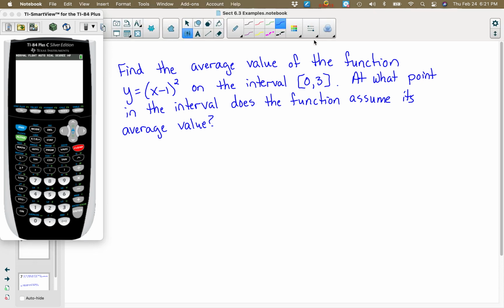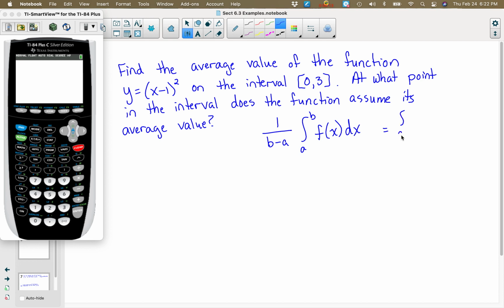So we're doing the average value of the function, and the formula for that was 1 over b minus a times the integral from a to b f of x dx. And that's how it was presented and how it is in your textbook.